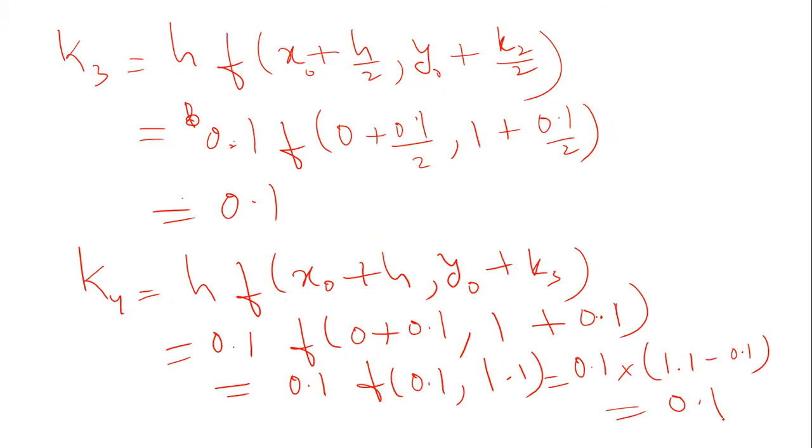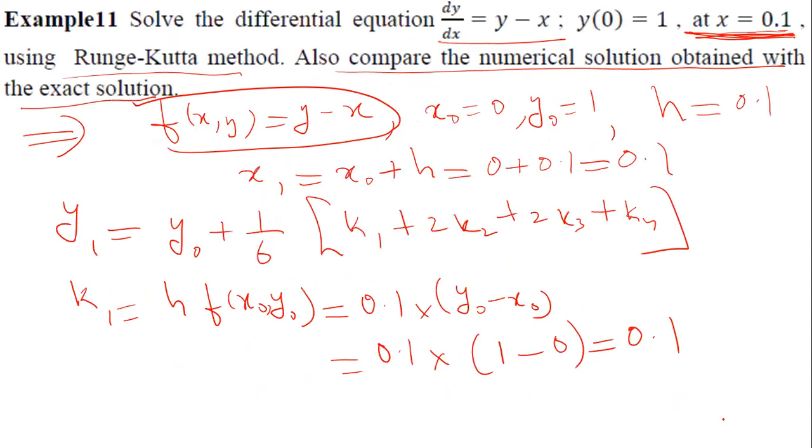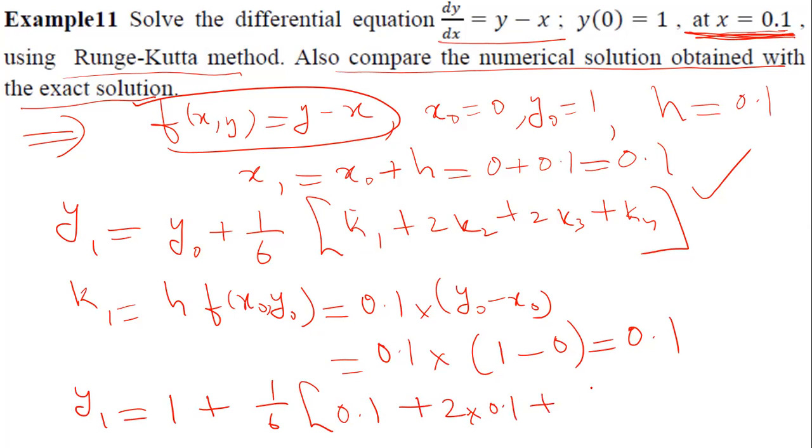So once you obtain all these values, you put them in this formula. In this formula, all these things are 0.1. That means your y1 will be equal to 1 plus 1 upon 6, where k1 is 0.1, 2 into 0.1, plus 2 into 0.1, plus k4 is also 0.1.